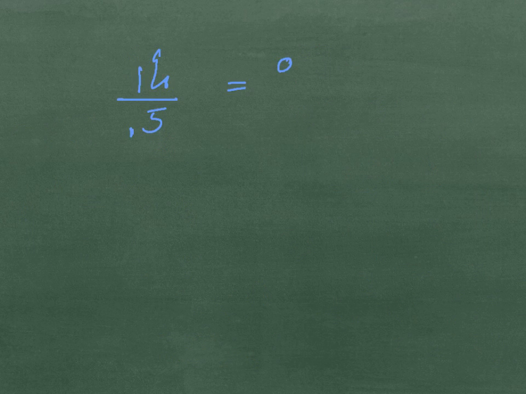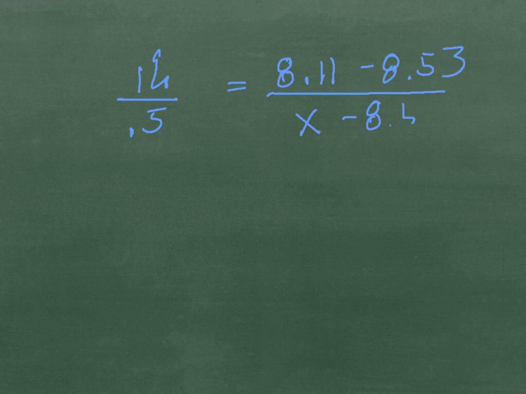So 8.11 minus 8.53 divided by x minus 8.53.